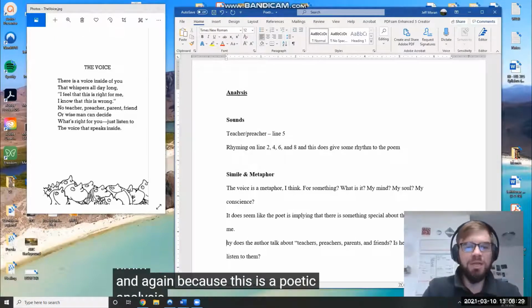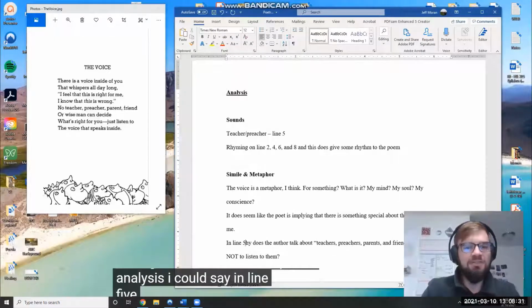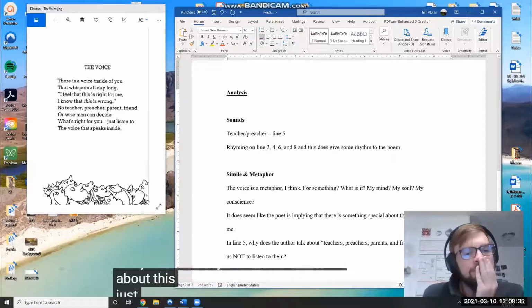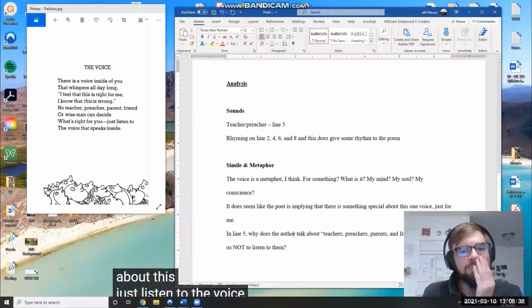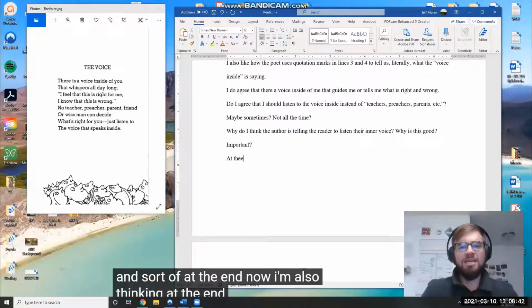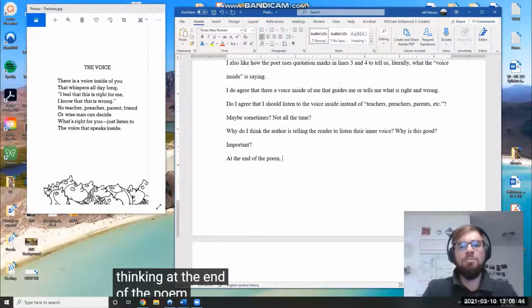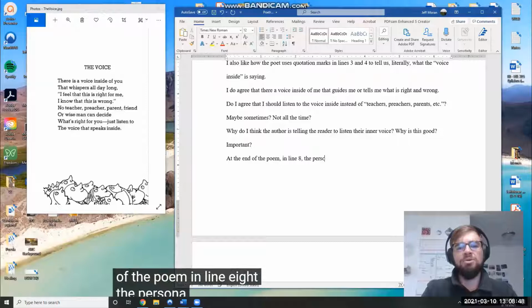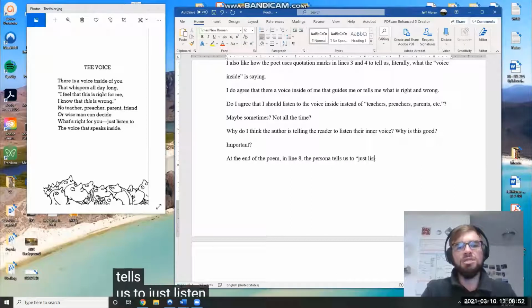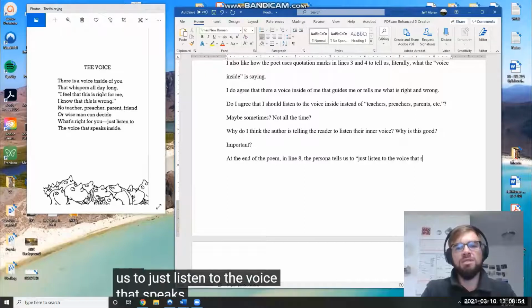And again, because this is a poetic analysis, I could say in line 5, you know, why does the author talk about this? Just listen to the voice. And sort of at the end now, I'm also thinking at the end of the poem, in line 8, the persona, the speaker of the poem, tells us to just listen to the voice that speaks inside.